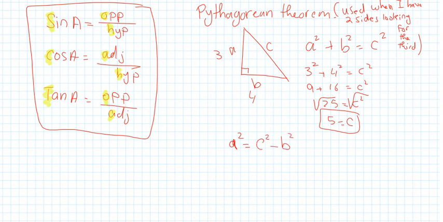What if I know A and C and I'm looking for B? So B squared equals C squared minus A squared, because in this case I'm looking for B, so I'm moving A squared over. Remember, at the end, you always have to square root so you can find your answer for the side length.